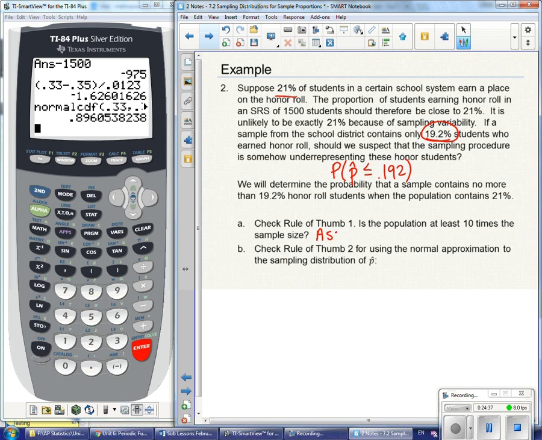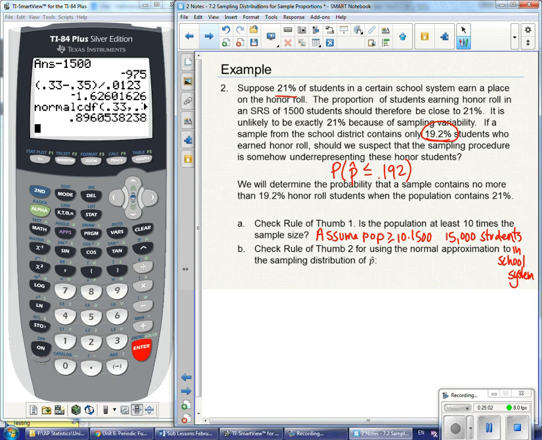I have to assume that the population is at least 10 times 1,500, which is my sample size. So I have to assume that there are at least 15,000 students in this school system. And I think that's probably a reasonable assumption. Okay, so we're going to assume that's true.